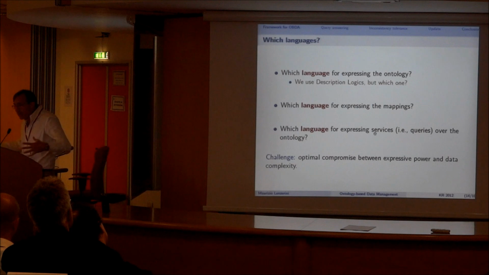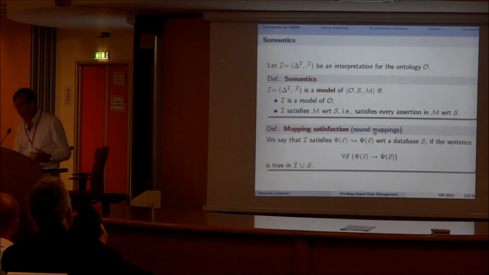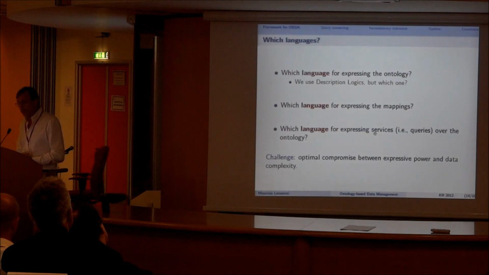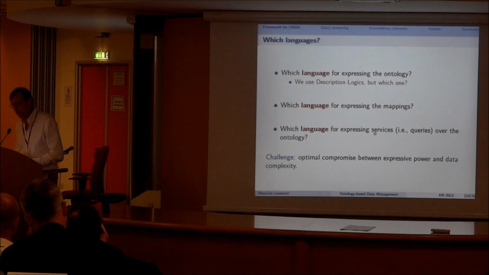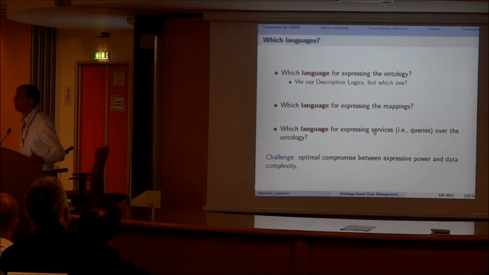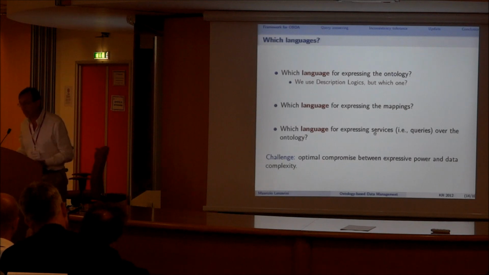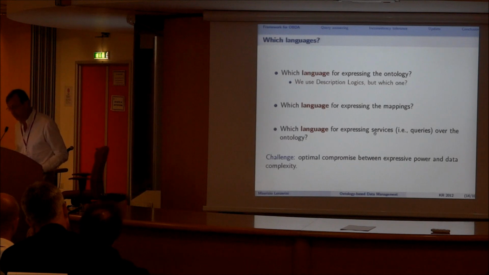Now, if we accept that this kind of system is formalized in such a simple way, then we immediately have at least three very fundamental questions. Which language are we going to choose for the various components of the system? In this talk, I'm going to talk about the possibility of using description logics to model the ontology, and I will talk about different languages that can be used for the other components.